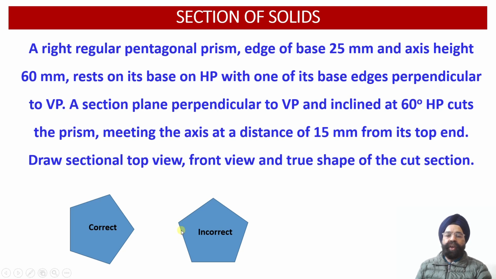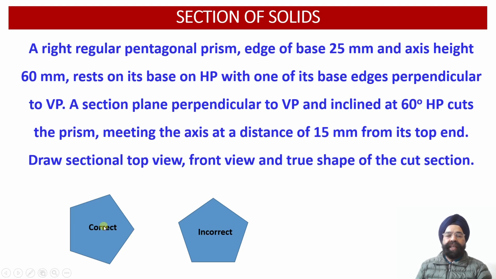Now if we orient the pentagonal prism on the horizontal plane in this orientation, we observe that none of the edges of the pentagonal prism will be perpendicular to the vertical plane. So this orientation is inappropriate or incorrect.